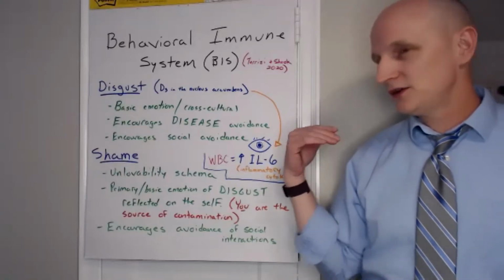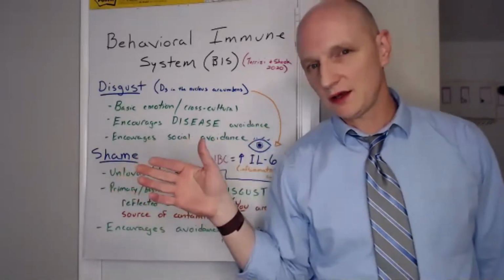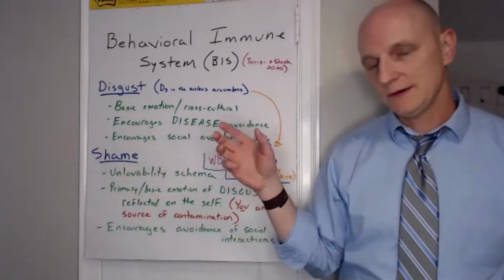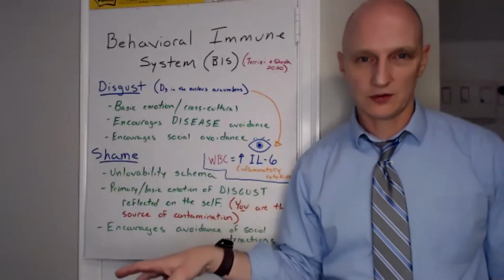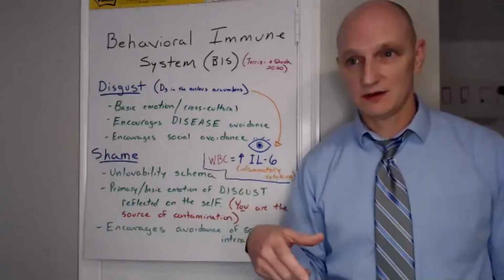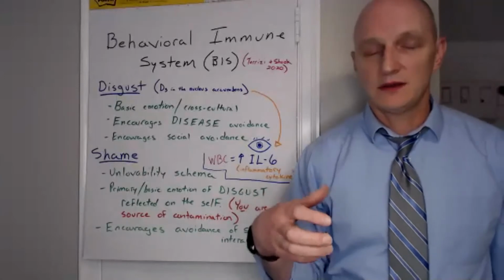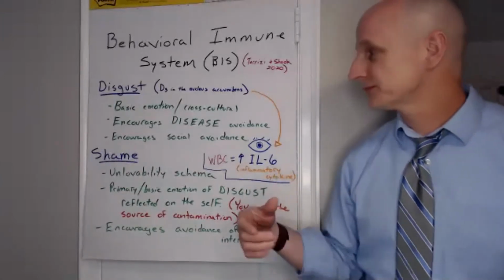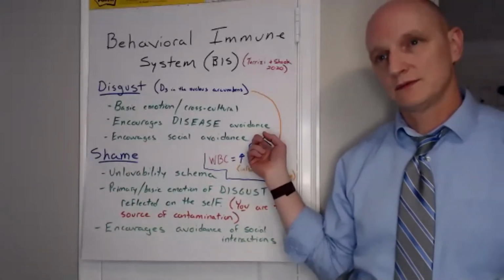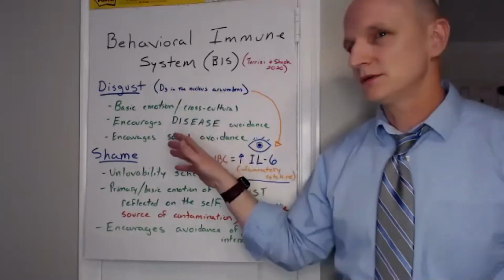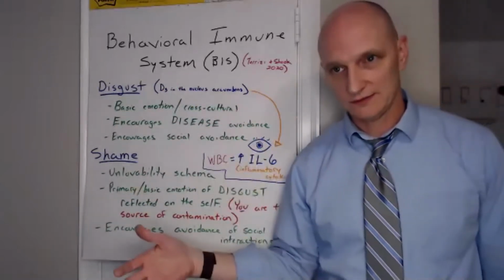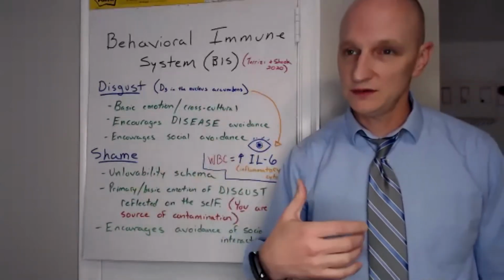But the biggest thing with disgust is it encourages disease avoidance. If you are walking along the street and you see a dead animal that's all rotten and gross with maggots coming out, and you're disgusted, you will turn away. It's pretty universal. There are things that disgust us, and it's part of our immune system.